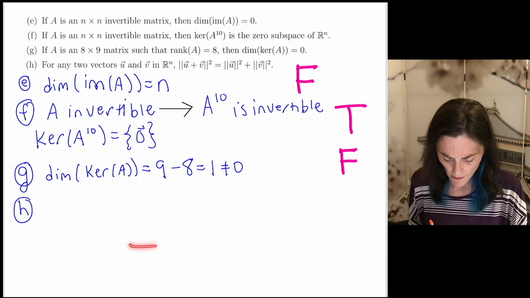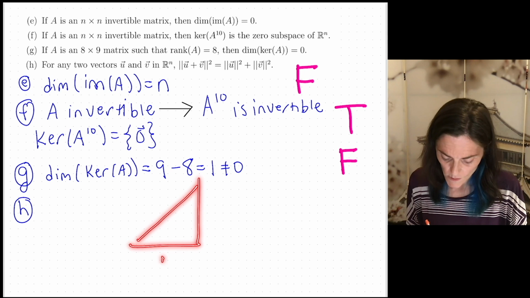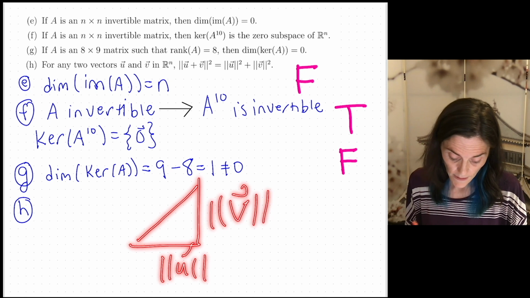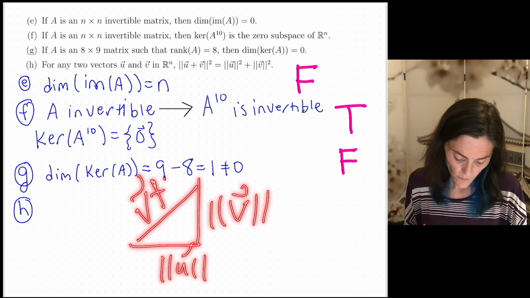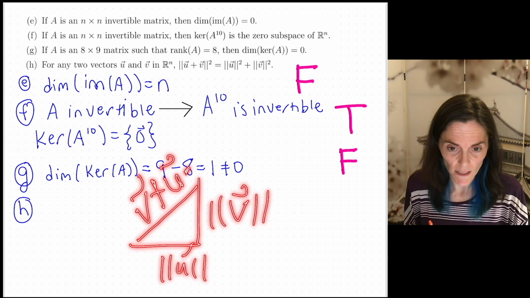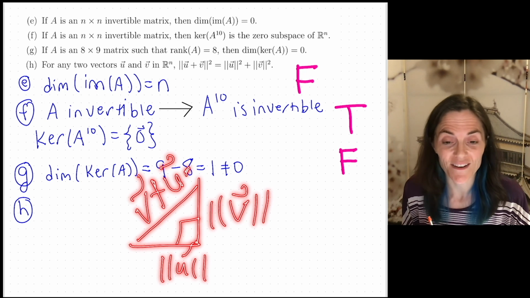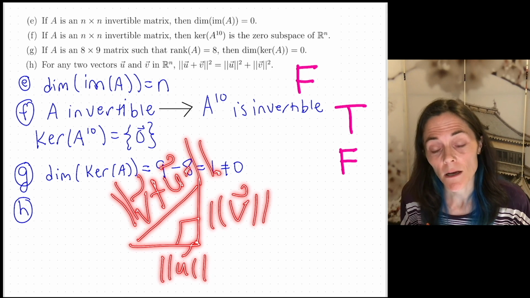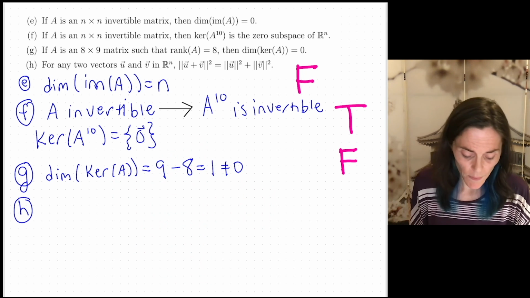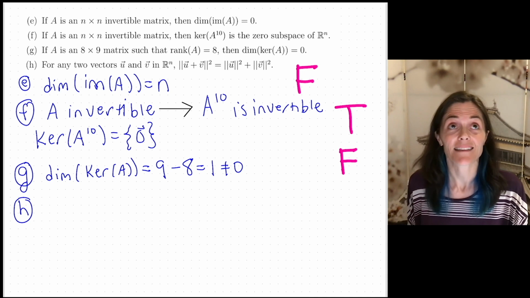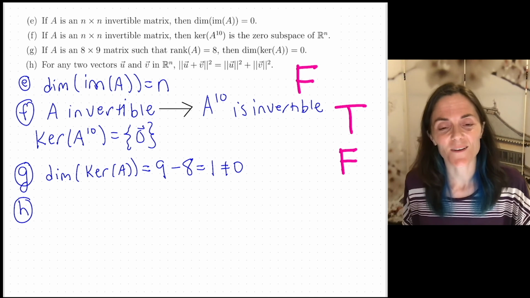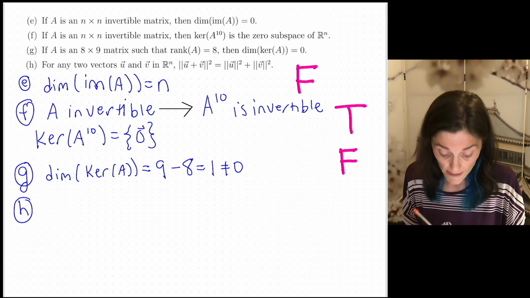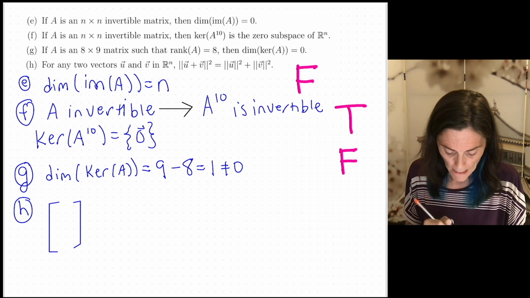You can think here, this would be length of u, length of v, and then this is u plus v. And it really comes from a right triangle: a squared plus b squared is c squared. So that would be justification that it happens if and only if u and v are orthogonal.